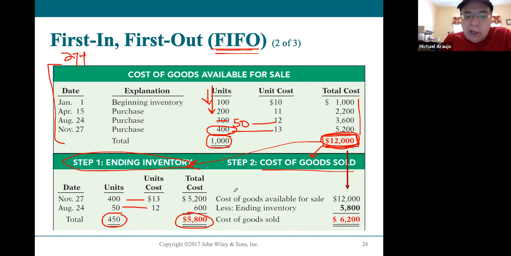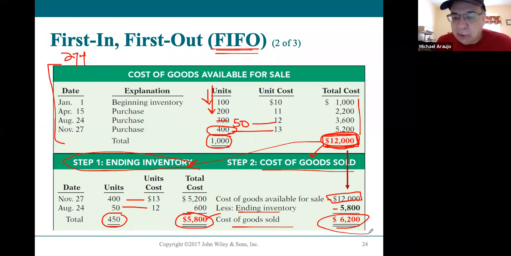So if you started with $12,000 worth of stuff, these astro condensers, and you still have $5,800 of the stuff with you, you have to assume the rest have been sold. And so the difference is the cost of goods sold, $6,200. And so that's basically how they would do it.